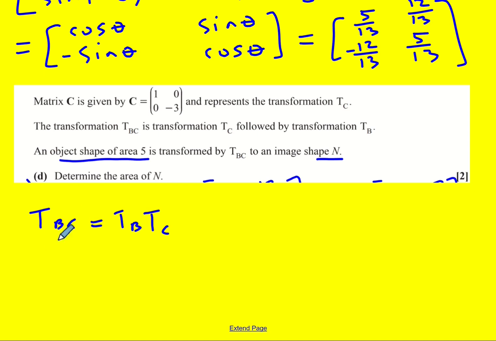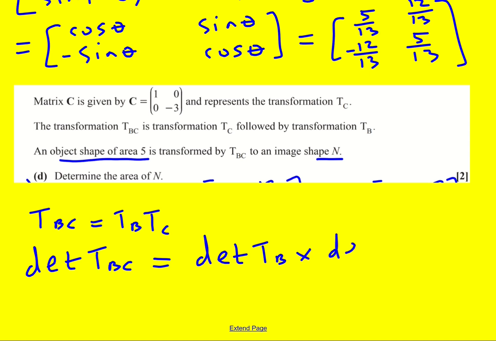For this, we need essentially the scale factor, and that is given by the determinant of this TBC. Now there's two ways to deal with this. You could multiply matrix B by C and then work out the determinant, or you could use a neat little result in that if you multiply two matrices together and you find the determinant, it's the same as finding the determinant of the first matrix and times it by the determinant of the second matrix.